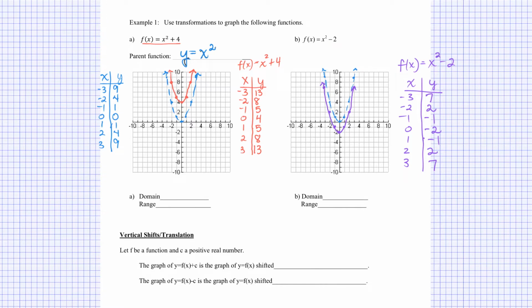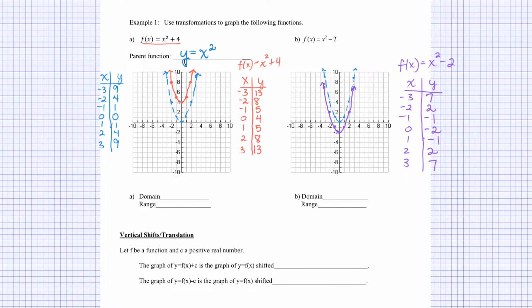And if I subtract a constant from my parent function, it's going to shift it down that number of units. But it's not going to change the shape of that parent quadratic, right? These are referred to as rigid transformations. I'm not changing the shape of the parent. I'm just either moving it vertically up or vertically down.